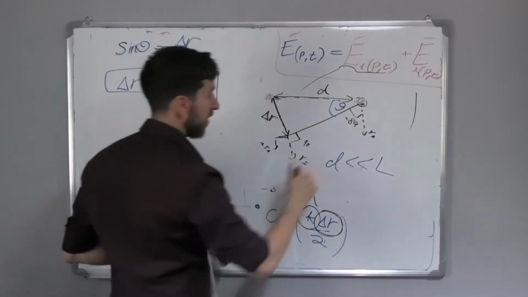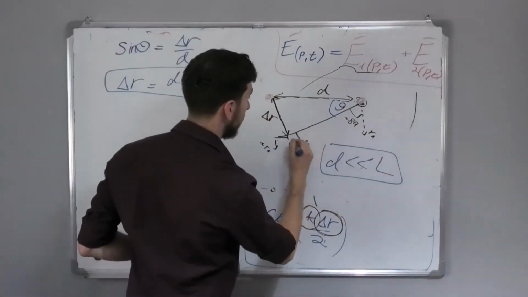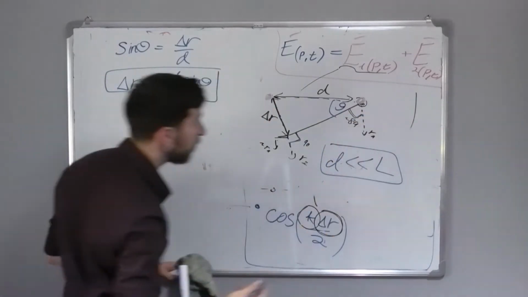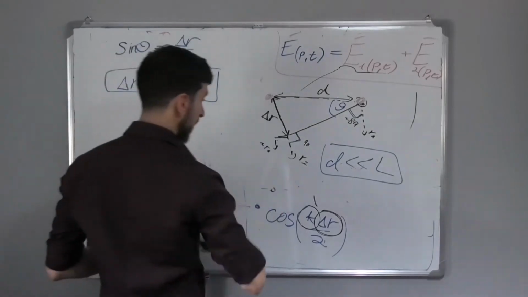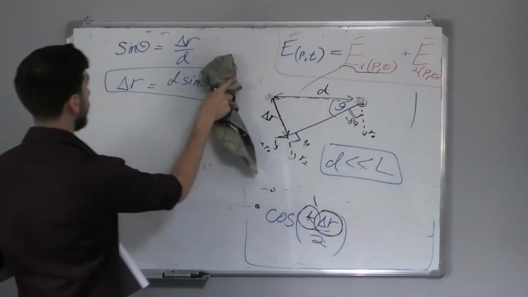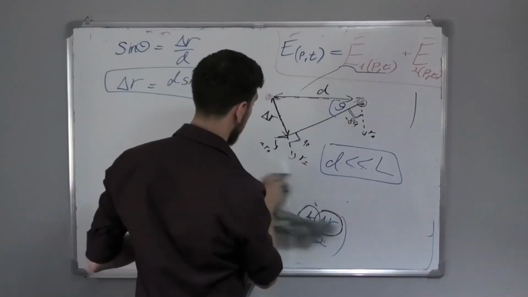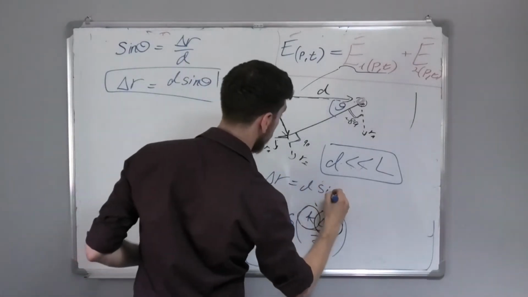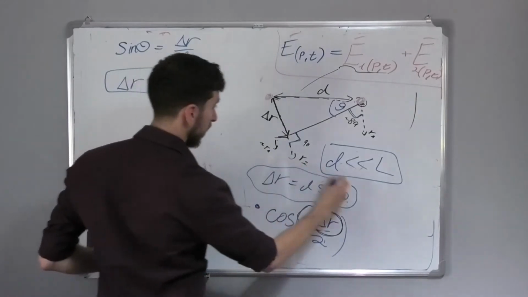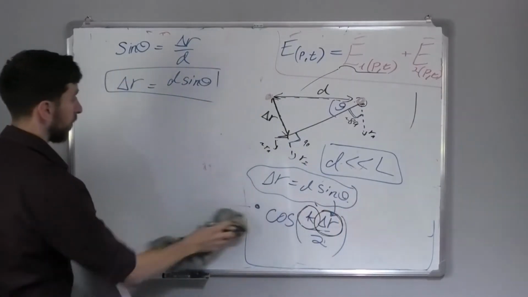So that's the reason I could make this assumption. It's almost 90 degrees, okay? And let's write here delta R equals D sine theta. I just want you to know that this is this, okay?